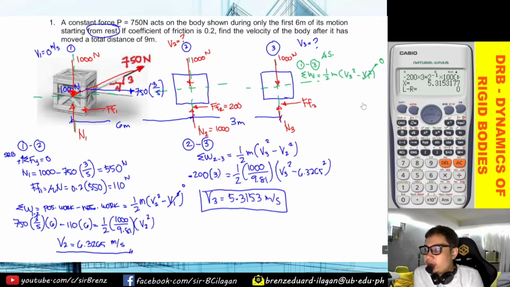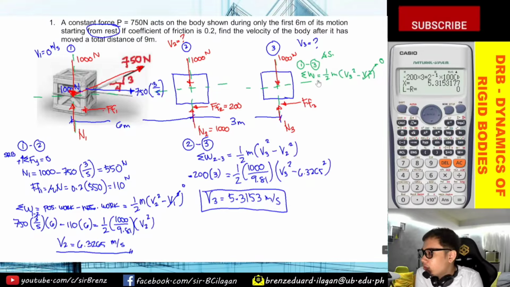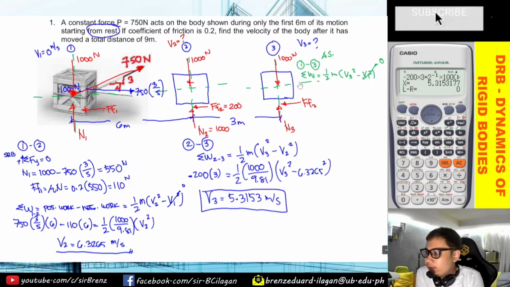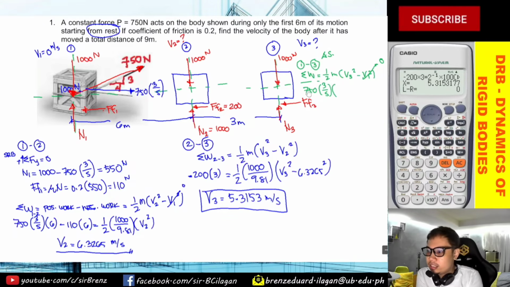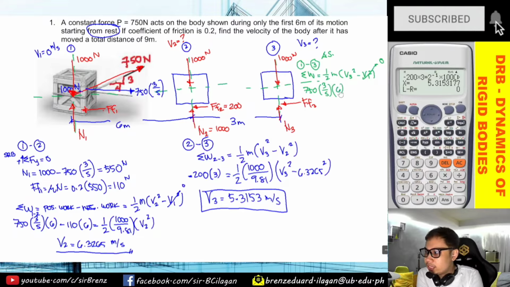So, yung positive work natin, ito. So, sulat lang natin siya. So, yung 750, yung x component niya, 3/5, multiply by the distance. So, hindi mo siya isasagad na 9 ha, kasi nga, ang condition natin is yung 750 is hanggang maarating lang siya sa 6 meters. After no 6 meters na wala siya, so itong distance na to is 6.